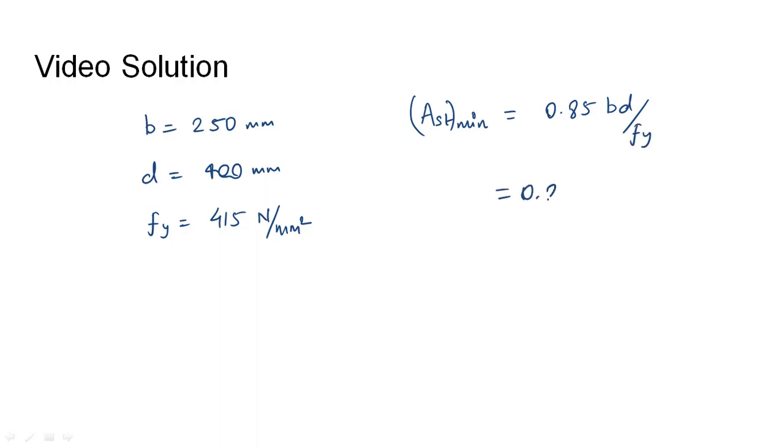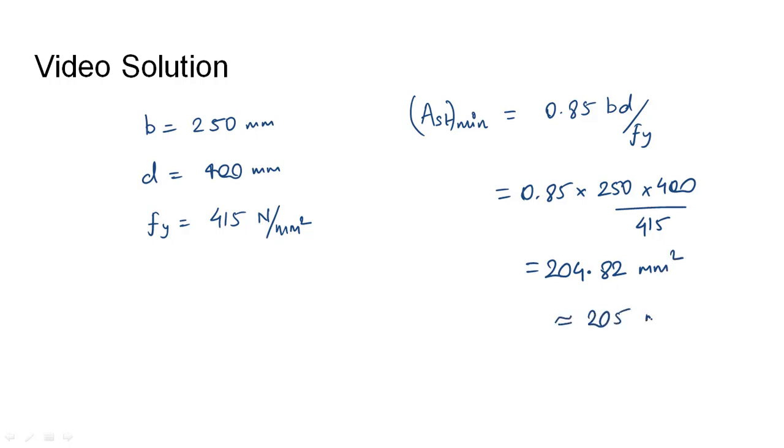Substituting the values, we would get 0.85 into 250 into 400 divided by 415. This would give the value to be 204.82 millimeter square. This can be rounded off to 205 millimeter square.